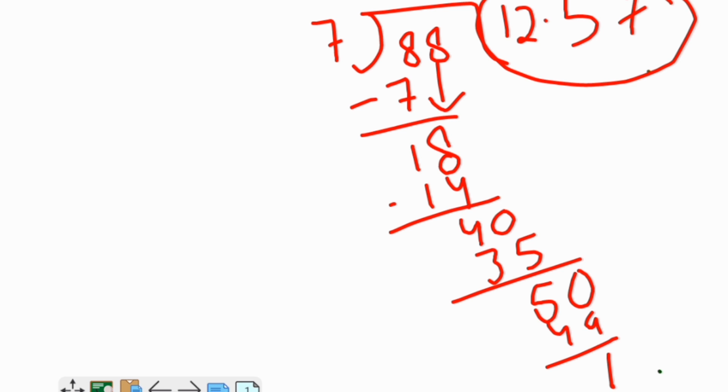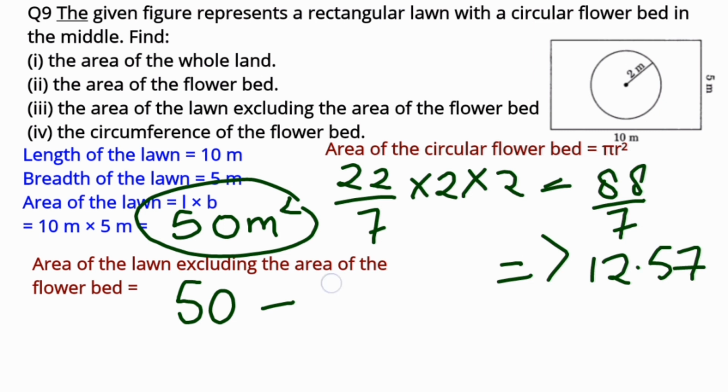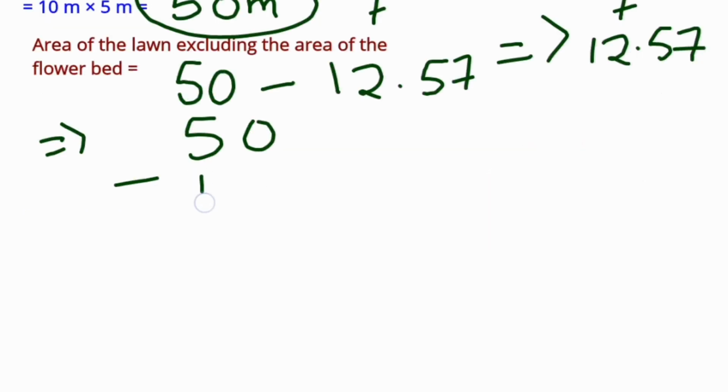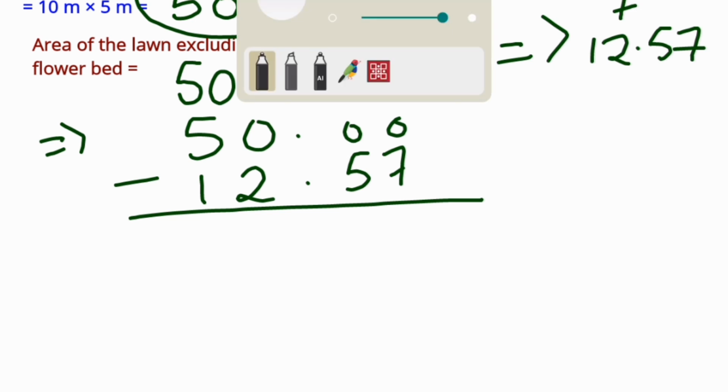Now third part, area of lawn excluding area of flower bed. So first of all write area of lawn, 50 meter square, minus area of flower bed, 12.57. So let's subtract it. We'll take carry.